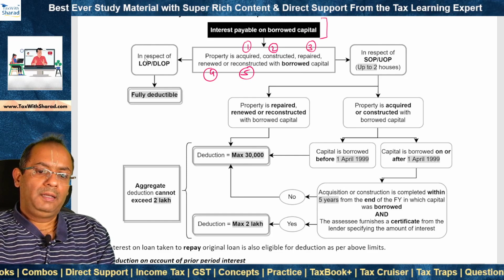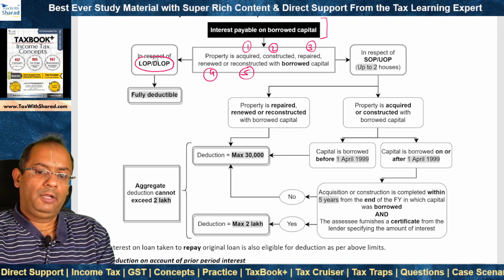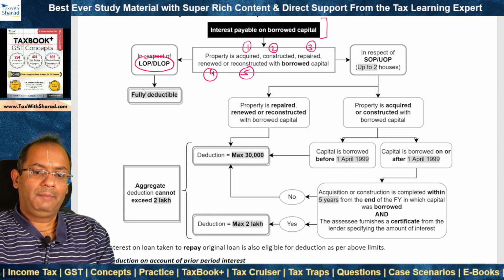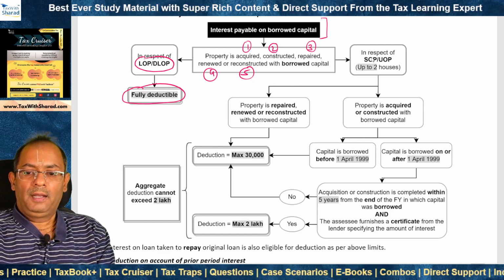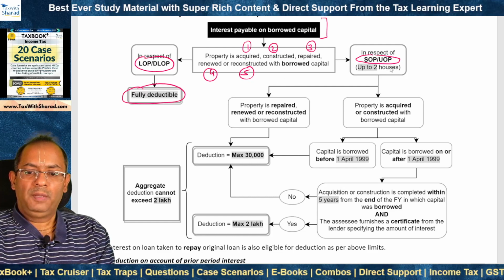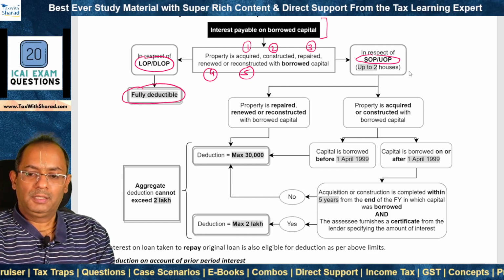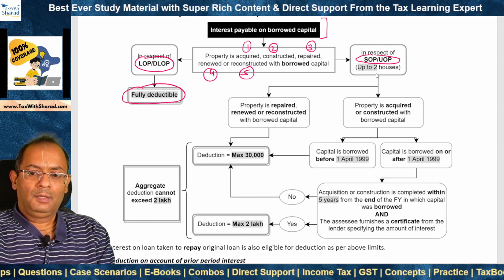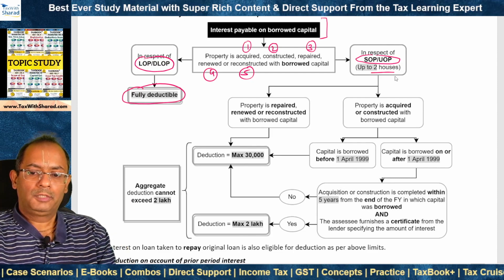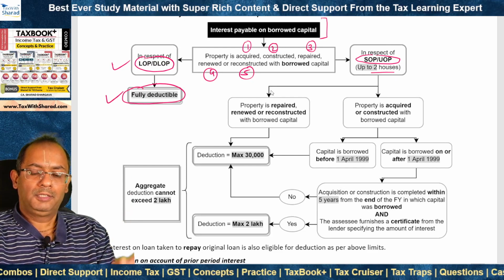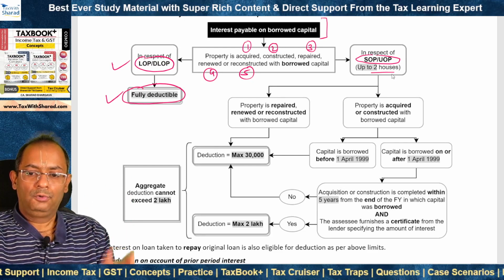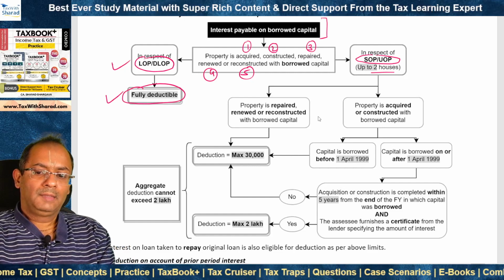Where the property is treated as LOP or DLOP, the interest payable on borrowed capital is fully deductible, there is no limit. But where it is a case of SOP or UOP, up to 2 houses, then there is a limit. Why up to 2 houses? Because beyond 2 houses, the property will be treated as DLOP, for which there is no limit, interest is fully deductible. So for up to 2 SOPs or UOPs, there is a limit.